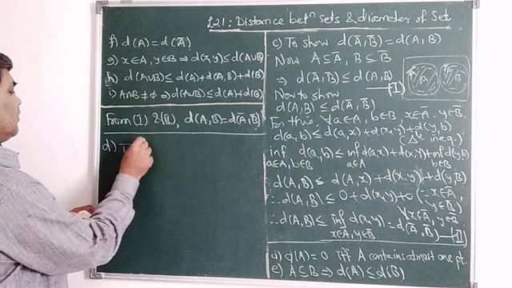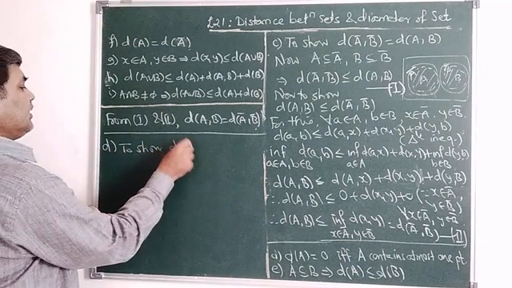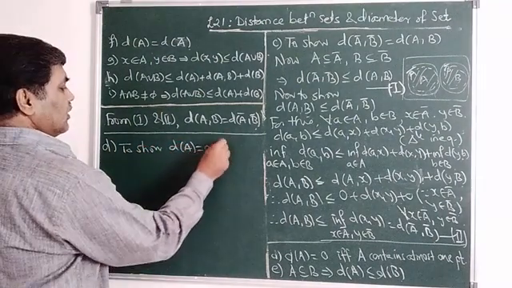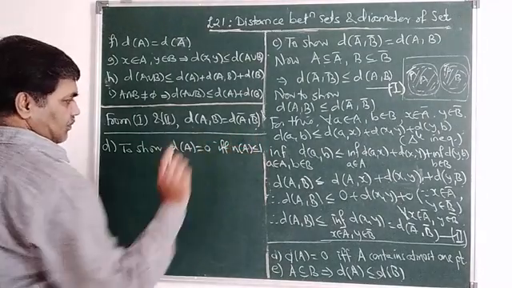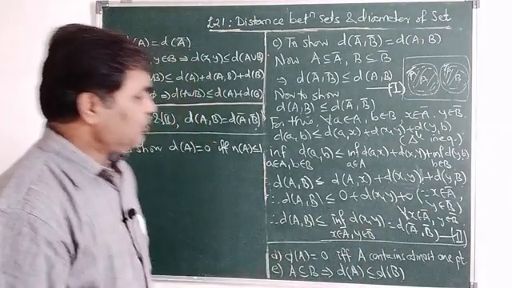To show diameter of A is equal to 0 if and only if the number of elements in A is less than or equal to 1. A contains at most one point.